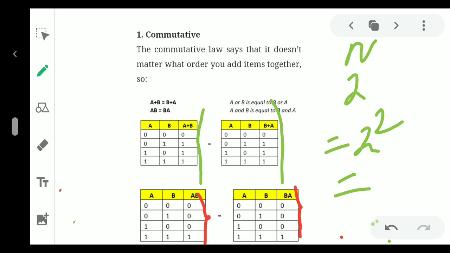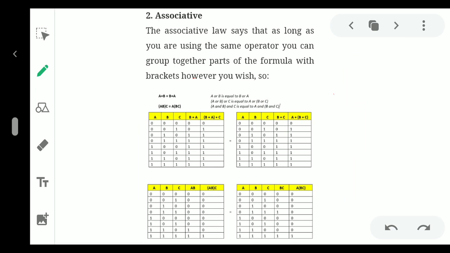So it is the same thing. Next, going forward to the second law, that is the associative law. The associative law of addition is given by A plus B plus C equals A plus B plus C with different grouping. The OR operation of several variables gives the same result regardless of the grouping of the variables.